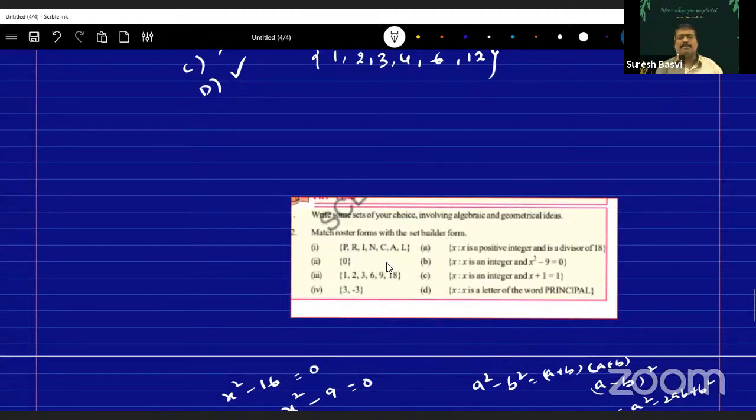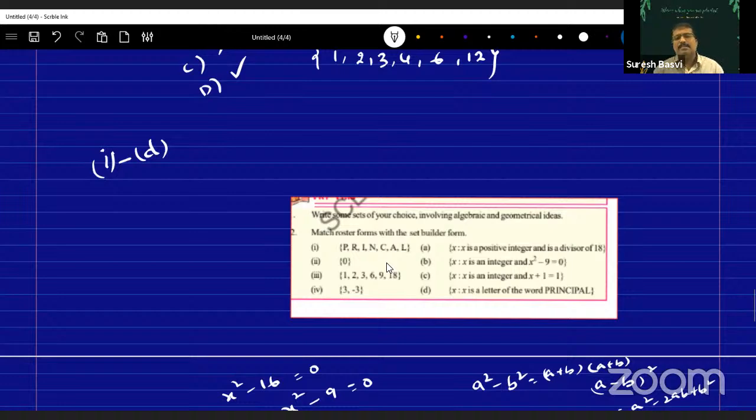మీరు ఏం రాస్తారంటే నాన్న, సపోజ్ ఒకటికి, సో ఫర్ ద ఫస్ట్ PRINCAL. సో ఒకటి ఫస్ట్ మ్యాచింగ్ ఏంటన్నా 1D, am I right? 1D. సో ఇలా మ్యాచ్ చేయాలి.